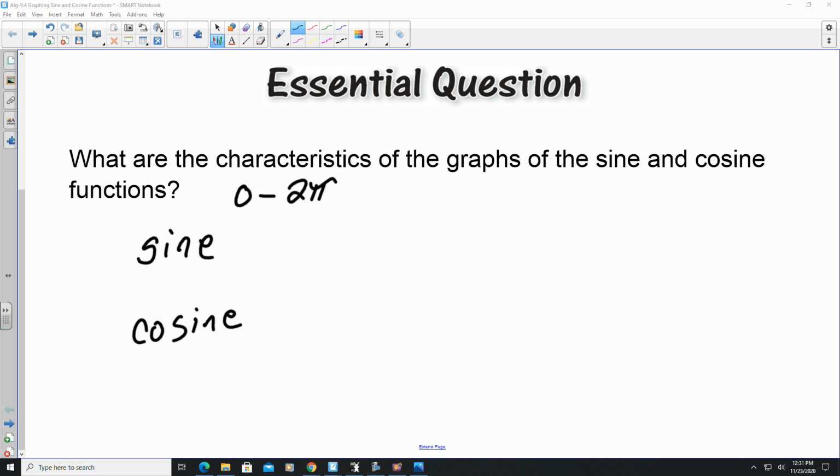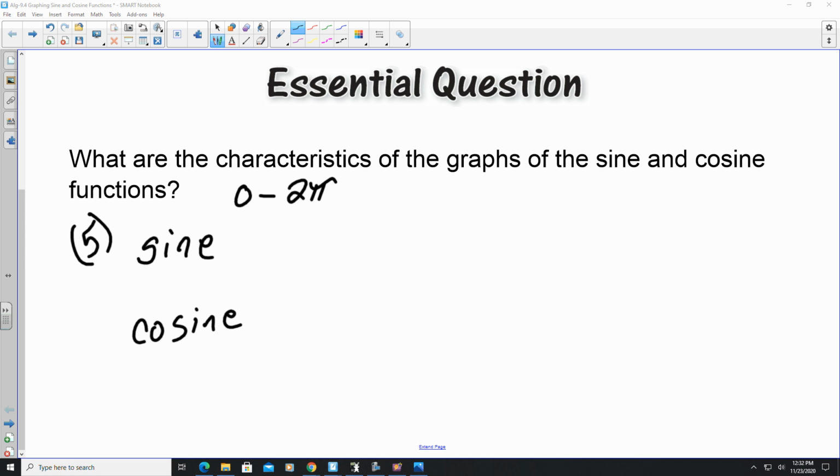Okay, now there are going to be several different points that we're going to be asked to look for. More specifically, there's going to be 5 points, all right? Depending on which trig function we're given, whether it's sine or cosine, determines which of these 5 points we are going to be looking at.